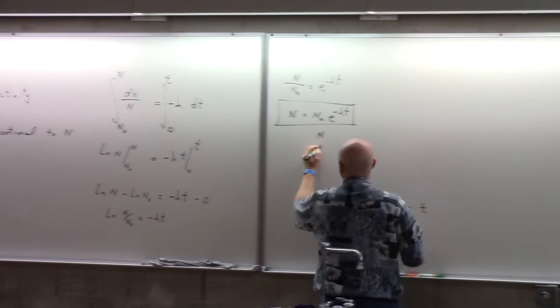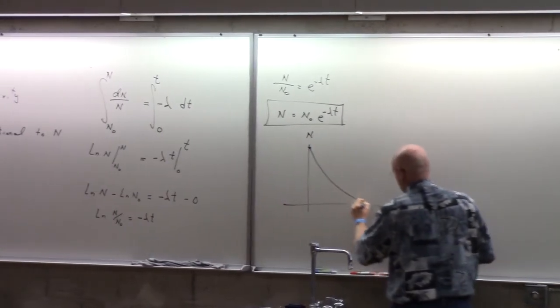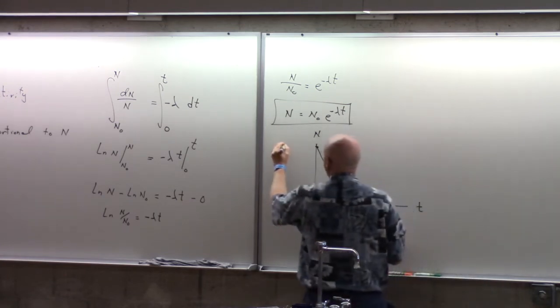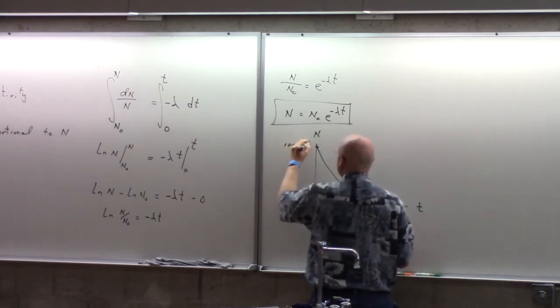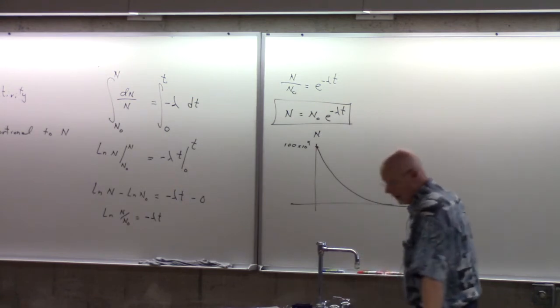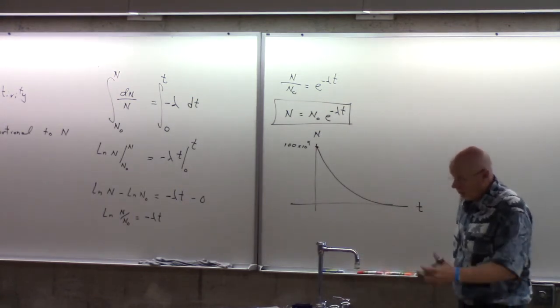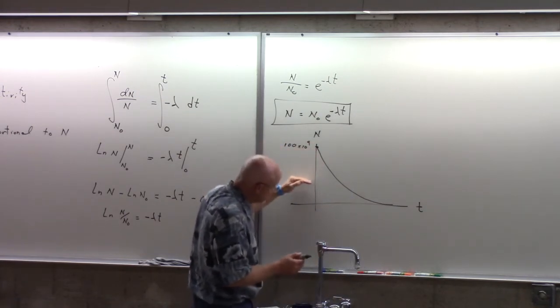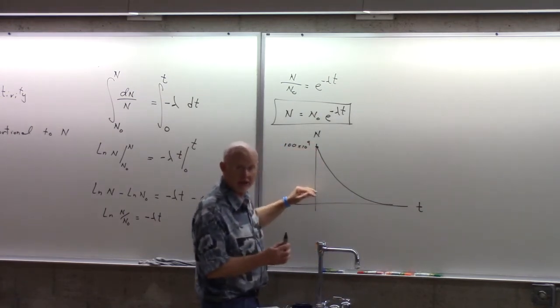And so it would look something like this. Again, if you were to start with 100 billion, after a while you're going to get less and less and less.